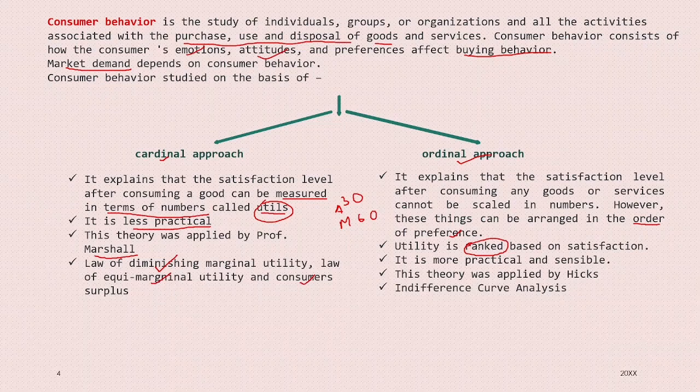This is somewhat practical and sensible because obviously it's easier to rank goods than to give them a measure like utils. This theory was given by Hicks, and it explains indifference curve analysis, which we'll study later. First we'll start with the cardinal approach, then we'll go to the ordinal approach.